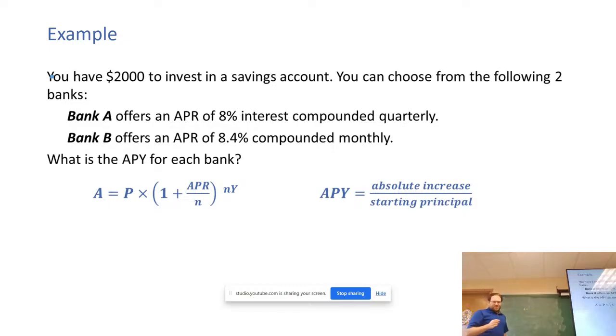So A equals, the starting amount was 2,000, times 1 plus the first bank would be 0.08. If it's compounded quarterly, N would be, how many done in a year if it's quarterly? Would it be 4? Yeah. Yep, so that's 4, raised to the 4 times 1 power.